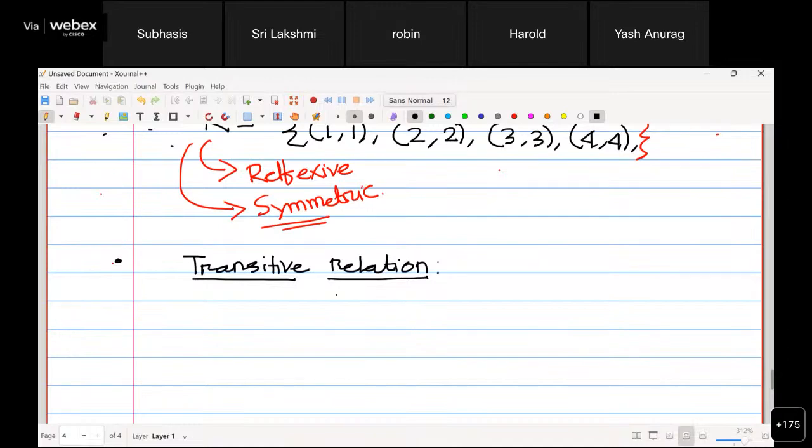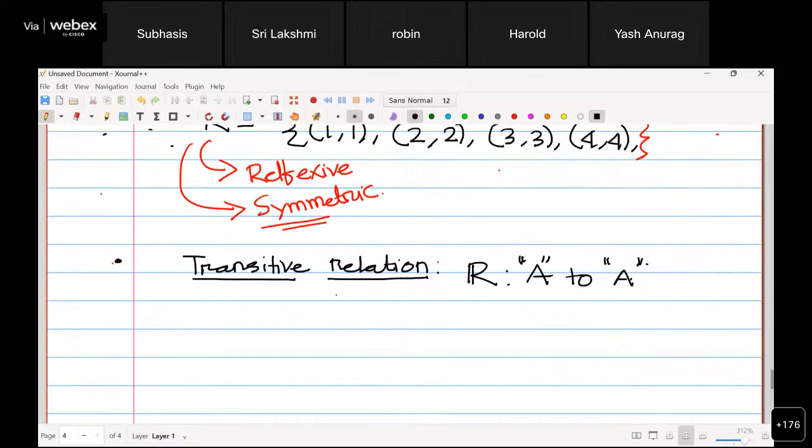Suppose I have a relation R from A to A. When can I say that this relation R is transitive?